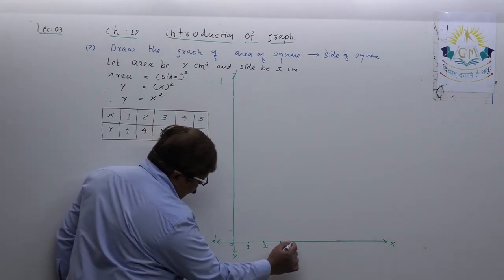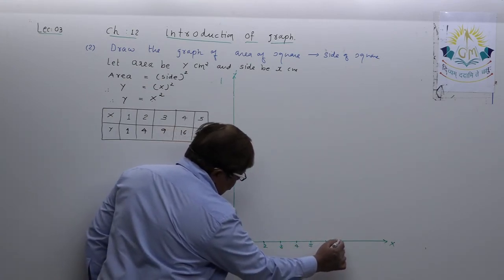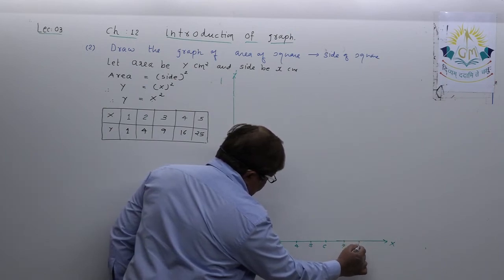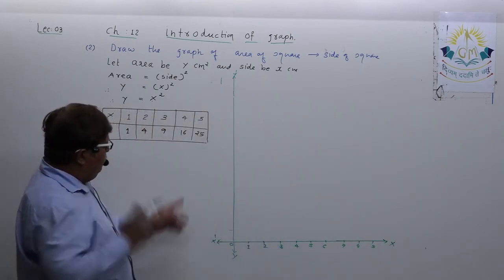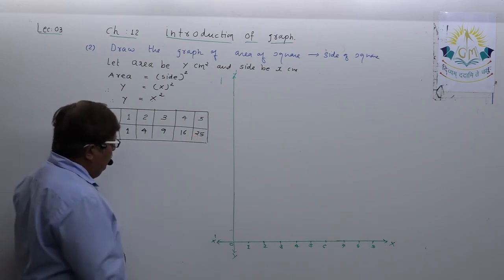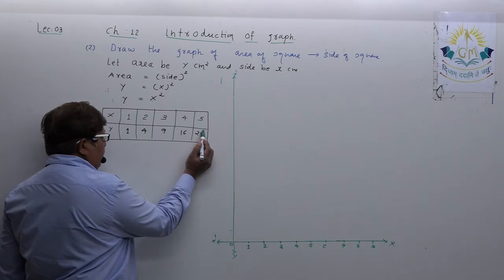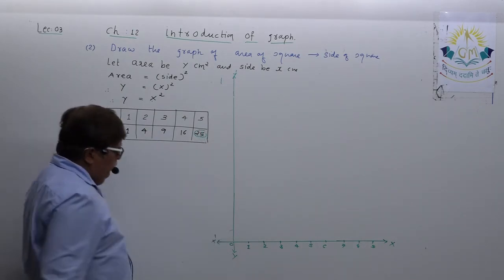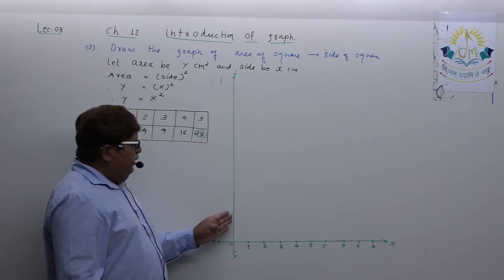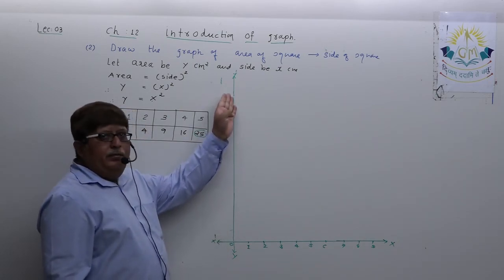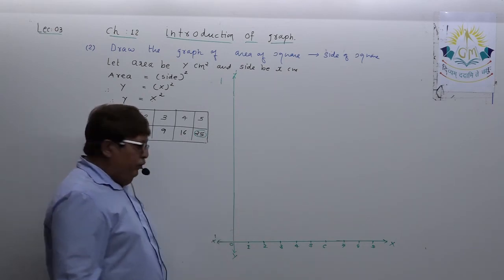1, 2, 3, 4, 5, 6, 7, 8, 9. But because on the y-axis you will take a maximum value of 25, it may happen that there is no availability of 25 boxes for you.